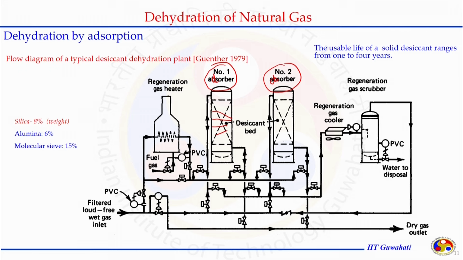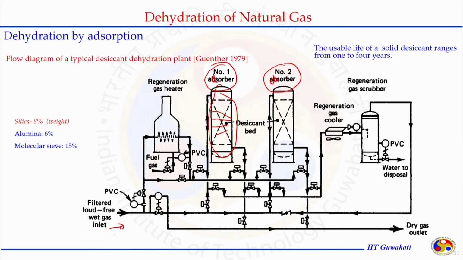If we look more closely here, we can see the central part is here, where the natural gas is travelling from here, and before the natural gas goes to the dehydration operation, it should pass through a filter or a separator, depending on the composition the natural gas has.